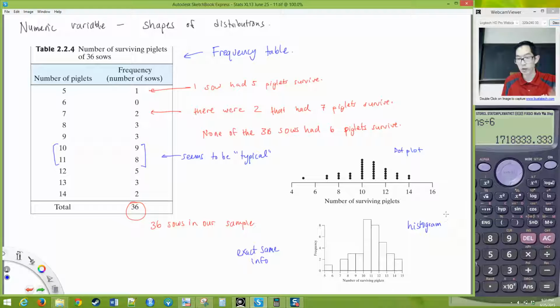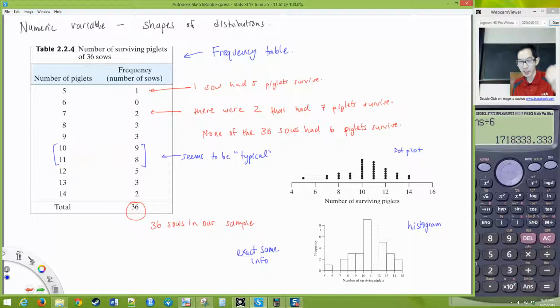Okay. And so a lot of times you won't even get the frequency table, you might just see the histogram, okay? And so when you see the histogram, you should be able to infer back what the frequency table says, okay?